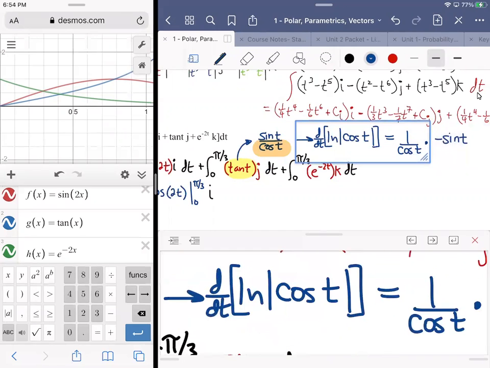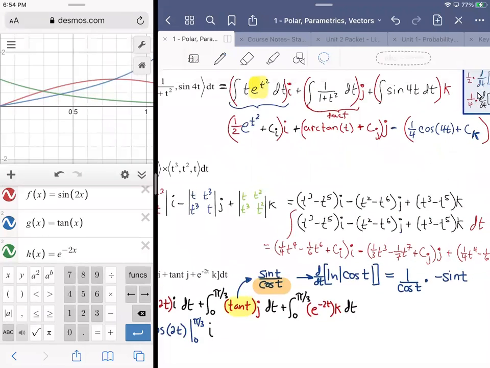All right, so I would correct that by saying, okay, well, it's definitely not natural log of cosine of t, but it's close. I don't want the negative, so I can negate this.